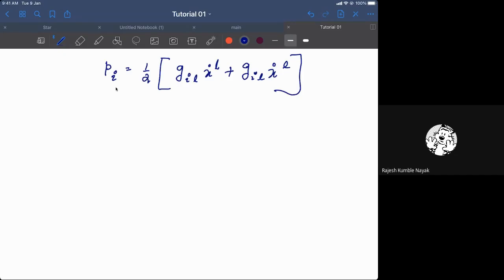Now I have renamed the dummy indices, these two terms are the same, and then the generalized momentum is given by this expression. See, the velocity when you lower with the metric coefficient, you get the generalized momentum. Or from the Lagrange mechanics expression, you get the generalized momentum. Is it okay so far?